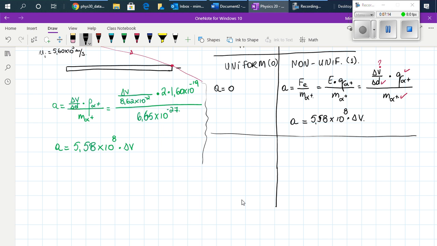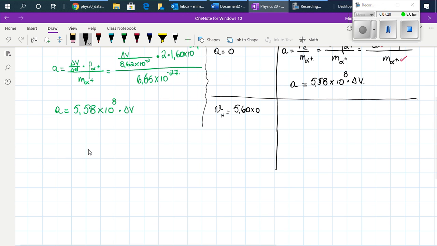So velocity in the horizontal will be equal to the initial velocity, which is 5.60 times 10 to the power of 5 meters per second.